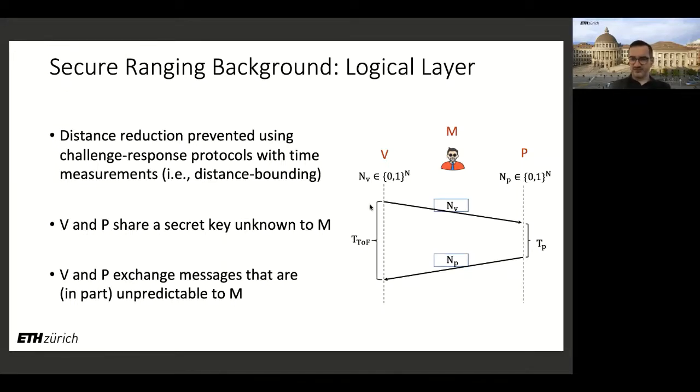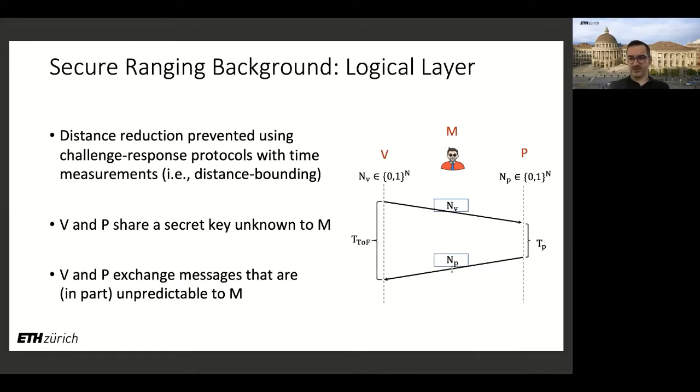So the principle is simple. One of the devices issues a challenge, which is random, unguessable to the adversary. So this here would be this scramble timing sequence in HRP. And the prover is going to process this challenge, respond with some cryptographically produced NP, right?